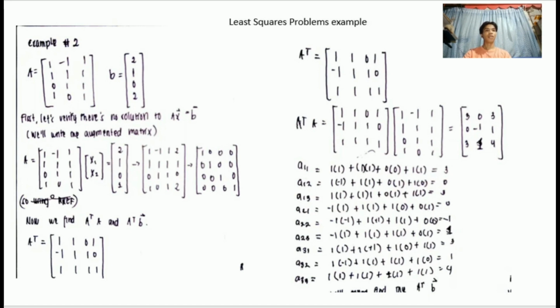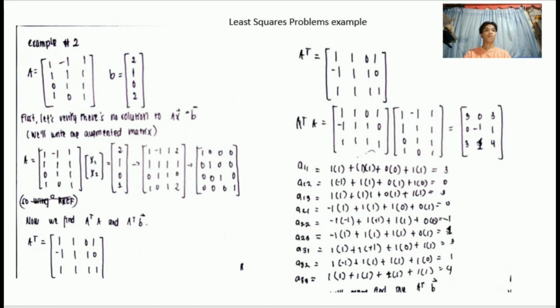So we have here this given. So since we got the given, we just need to do the Gaussian elimination in order for us to get the answer from the A transpose times A.